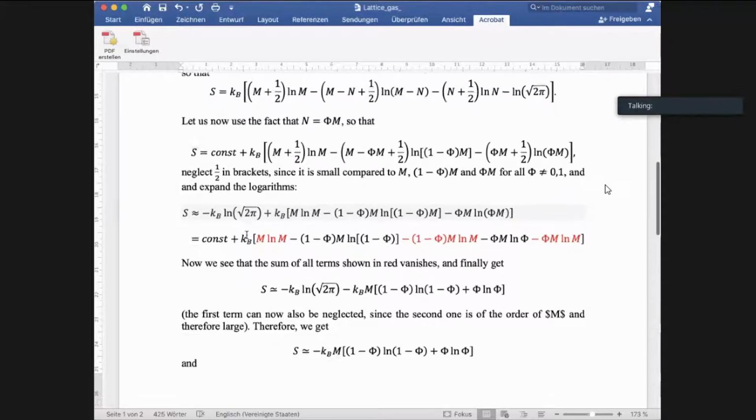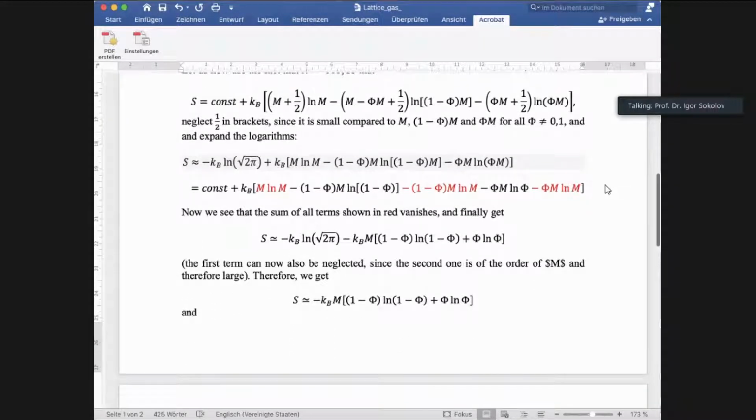Now what I do, I put down these logarithms. It's a logarithm of a product. I separate them. So I put down here, for example, ln of (1 minus phi) times m is ln(1 minus phi) plus ln m. After I do this, I see that this term and the two terms which had ln m, from here and from here, they cancel.